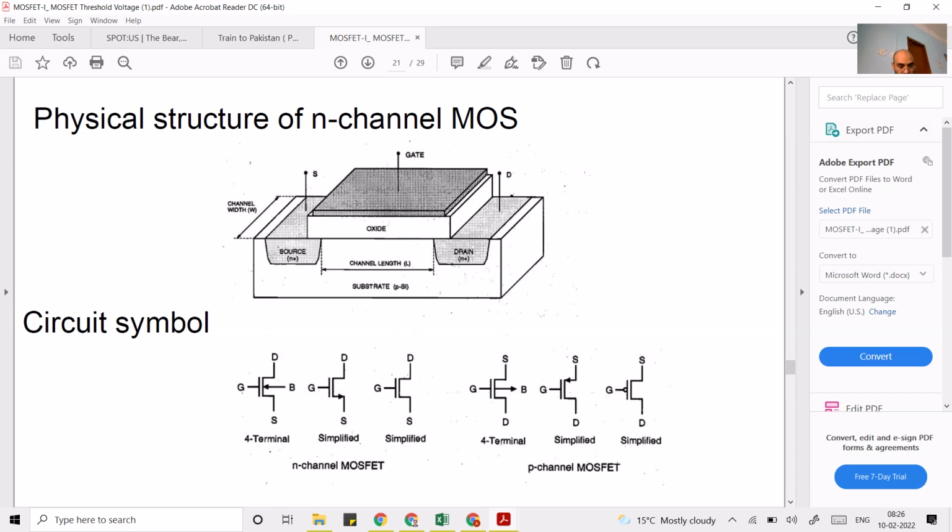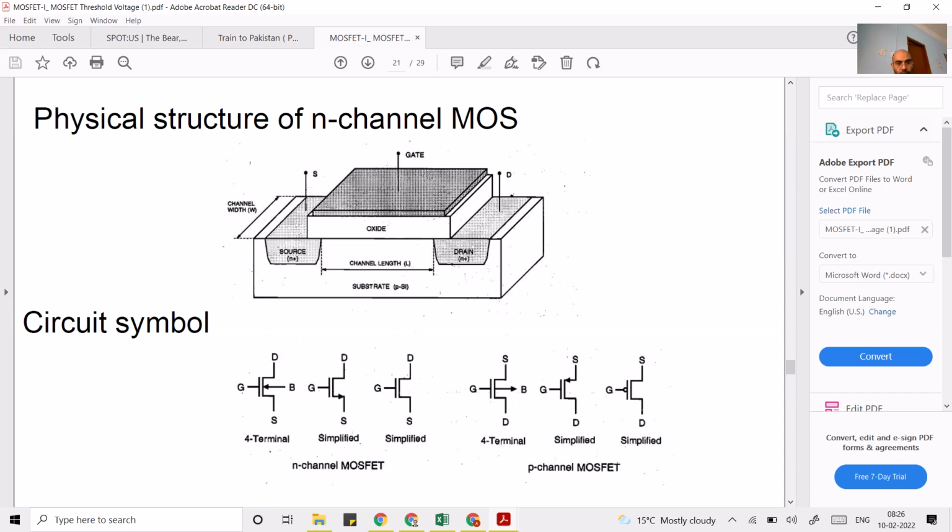Further it is simplified in some circuits. You see this as well, that we don't even use this arrow, because the bubble at the gate itself differentiates between the NMOS and the PMOS, so there is no need to put an extra arrow here. So that is what the symbols are.